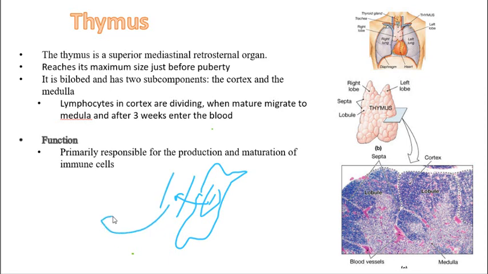Circulation will transport those lymphocytes to the thymus. In the thymus, they will mature into T cells. The ones that stay in the bone marrow will become either B cells or natural killer cells. So the NK cells and B cells stay in the bone marrow. The T cells leave the bone marrow and go to the thymus and mature there.